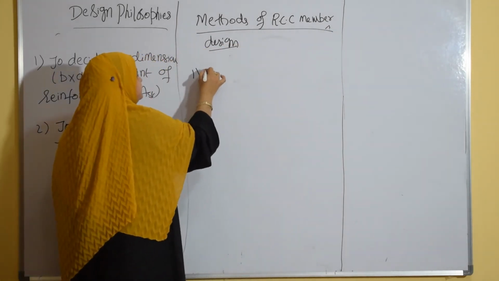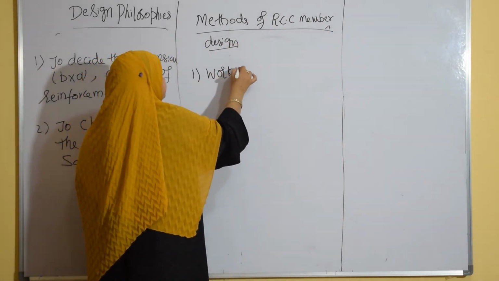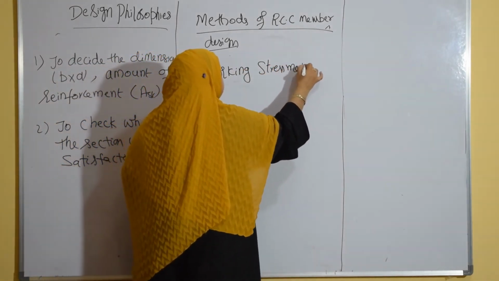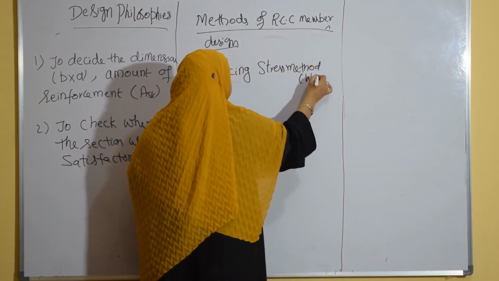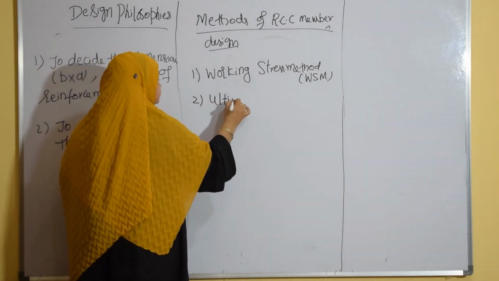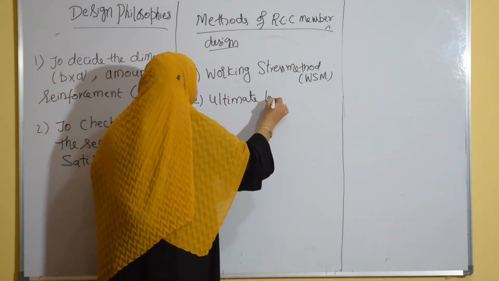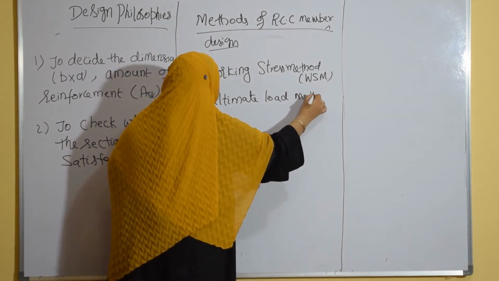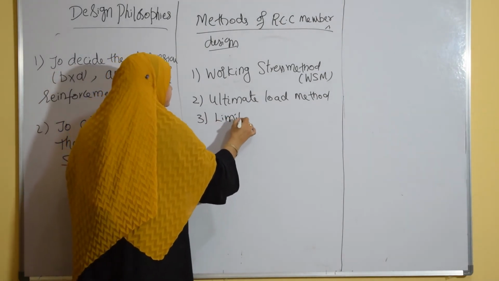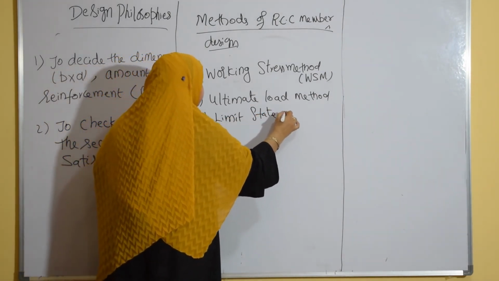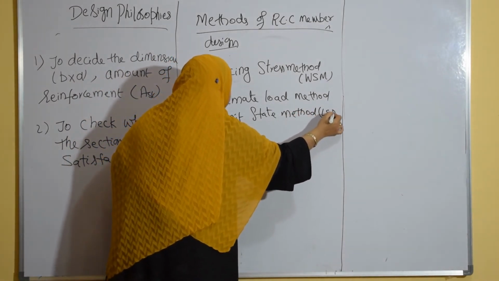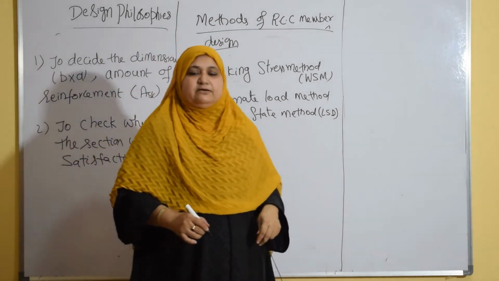The first method is the working stress method, WSM. The second method is the ultimate load method. The third method is limit state design, the limit state method of design. Sometimes we call it LSD or LSM.